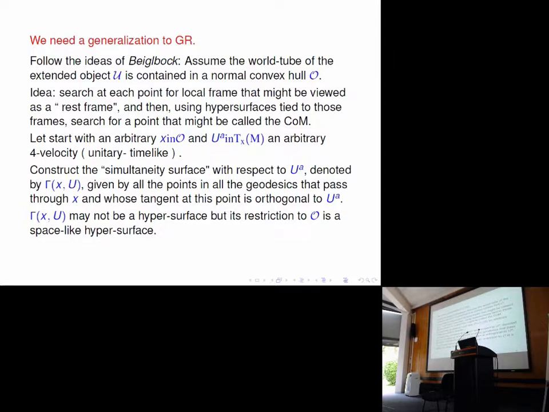That defines for me at each point the observer that sees this collection of particles at rest.